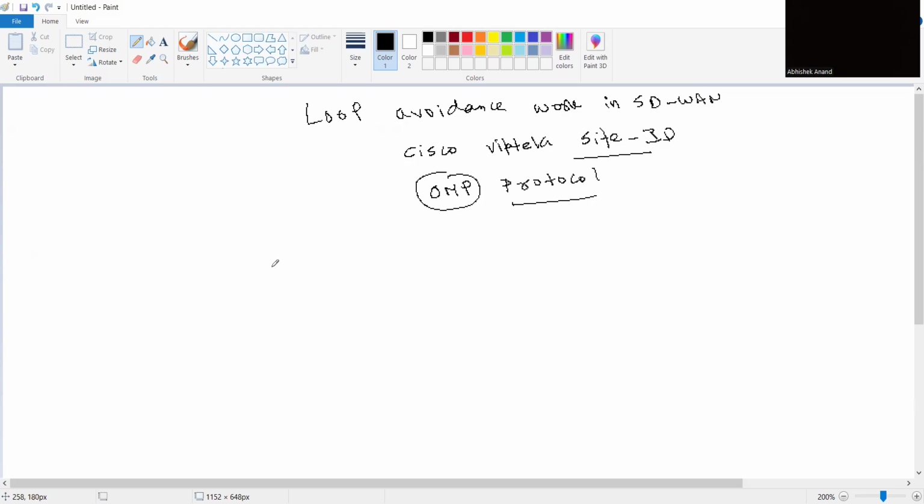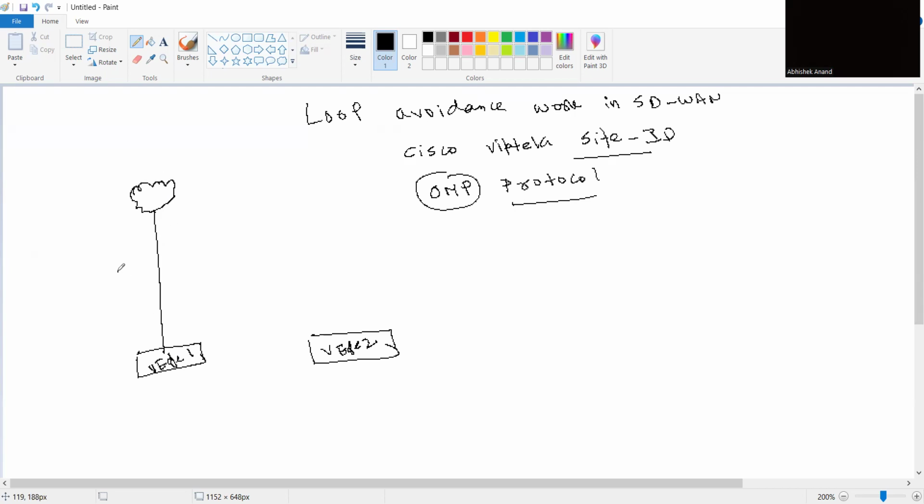For this, I need one simple diagram here. This is our vEdge router, vEdge 1 and vEdge 2. These are connected to two transports.